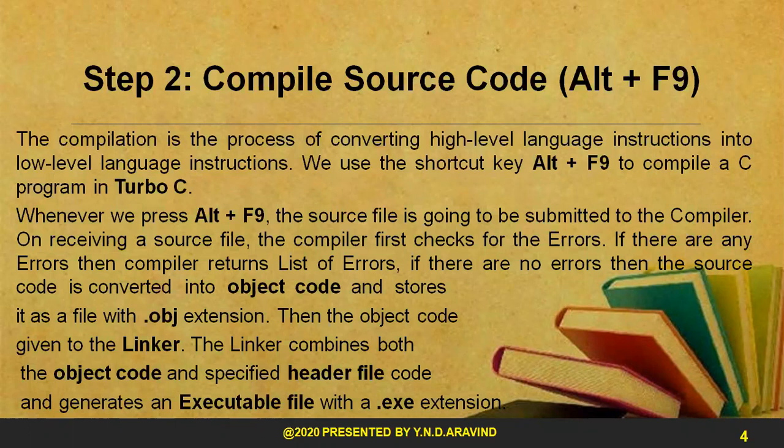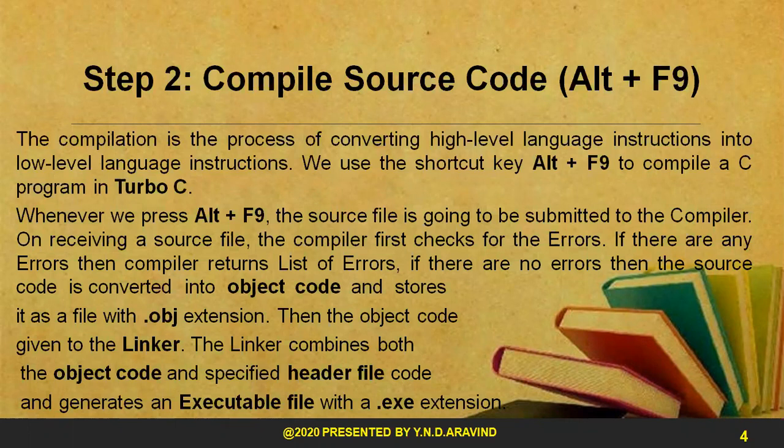On receiving the source file, the compiler first checks for errors. If there are any errors, the compiler returns the list of errors. And if there are no errors, then the source code is converted into the object code and stored in a file with a .obj extension.